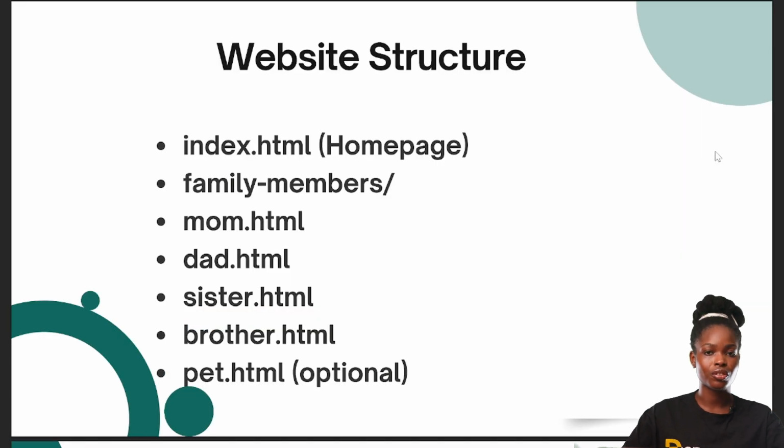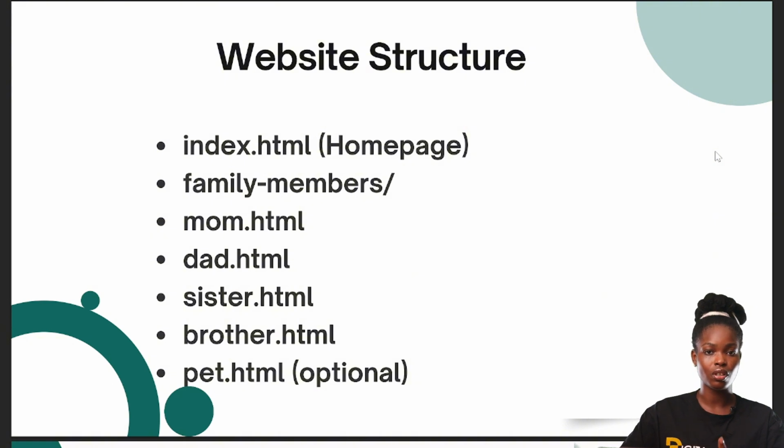Now the website structure should have, when I say structure, I'm not talking about the HTML structures, I'm talking about the pages. Okay, first of all, you should have your index.html, which is the home page, and you should have pages for the family members. You should talk about your mom, let's say mom.html, your dad.html, because you're creating HTML pages.